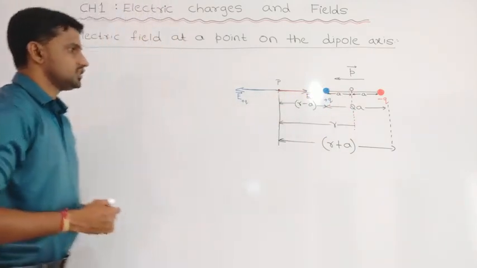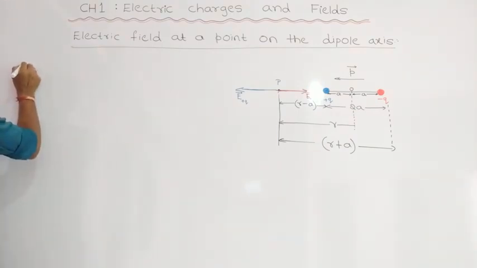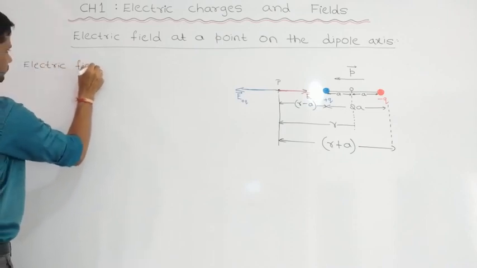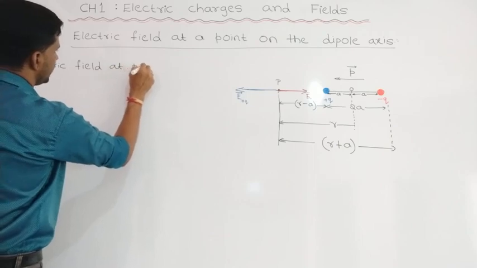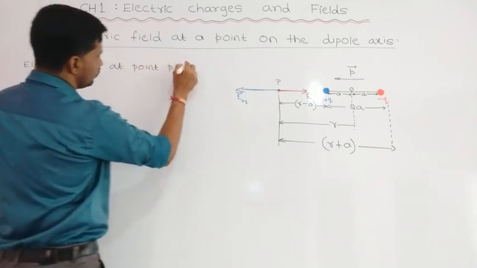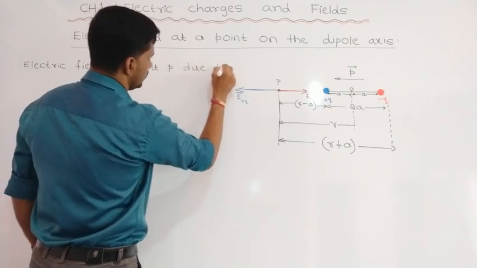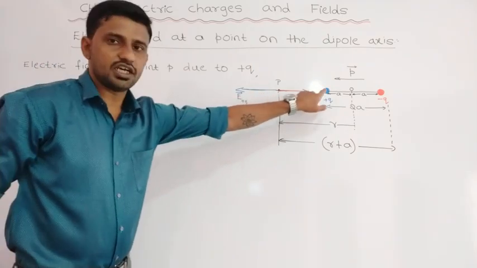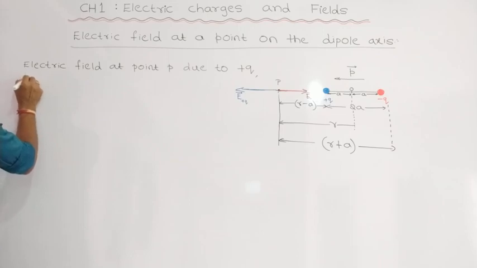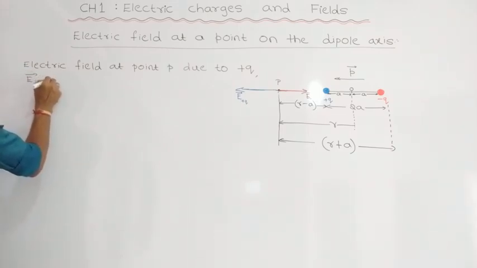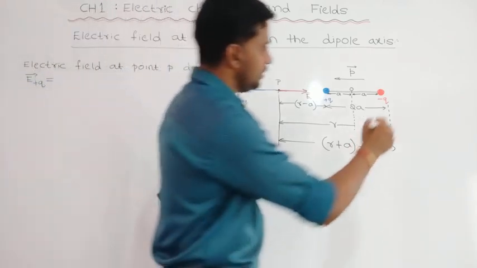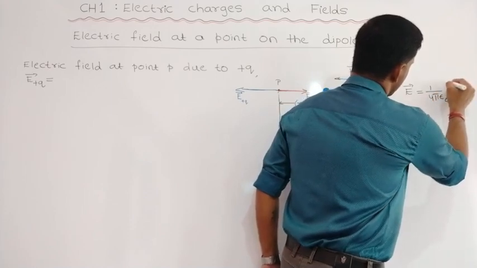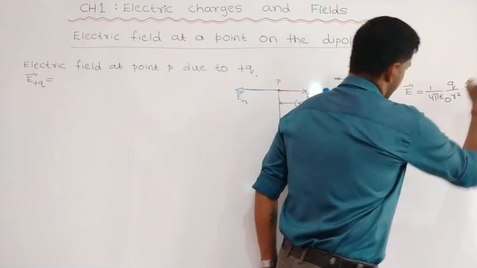So first we will consider the electric field at point P due to charge plus Q. That one I am taking as E plus Q vector, and we know the expression for electric field, which we already wrote: E vector is equal to 1 by 4 pi epsilon naught, Q divided by r square, into r cap. So this is the expression.